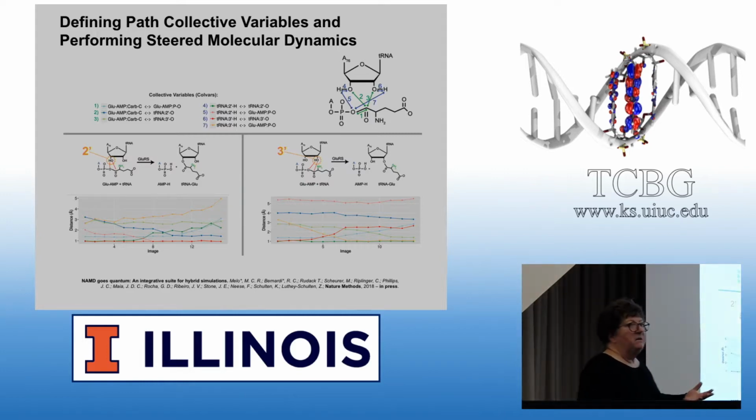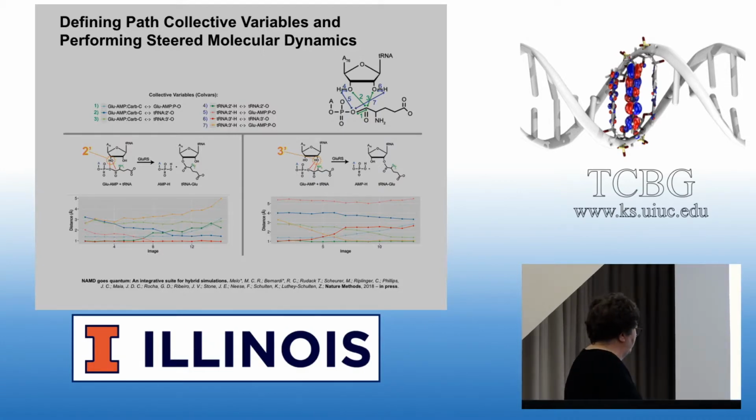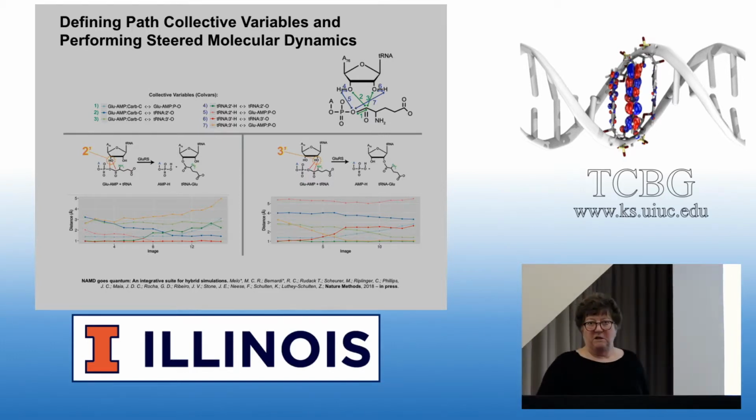And guess what? Some of them will be more interesting for one mechanism than they will be for the other mechanism. So one of the things you might ask, well, hey, here's one of those guys. It doesn't change at all over the course of the reaction. Why would you choose that? You think a good reaction coordinate ought to be one that changes. Like I'm in state A and I go to state B, boom, a big difference, right?